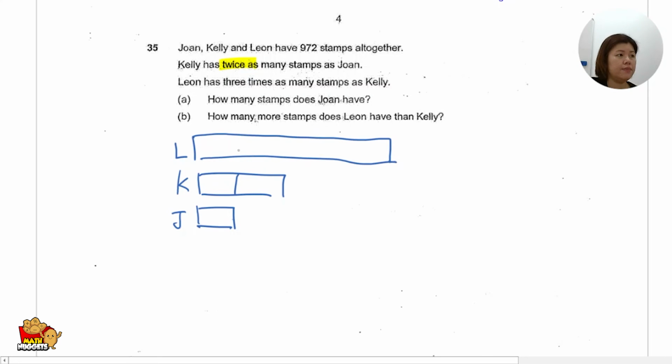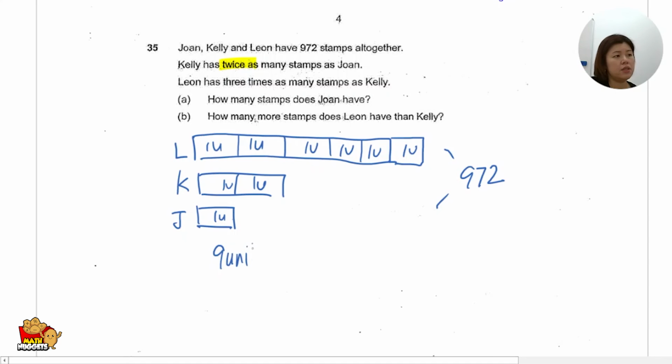Okay, Leo is 6 units, everybody is 972. So all this is actually 1 unit. If you realize altogether is 9 units, is 972. 1 unit is 972 divided by 9 is 108.